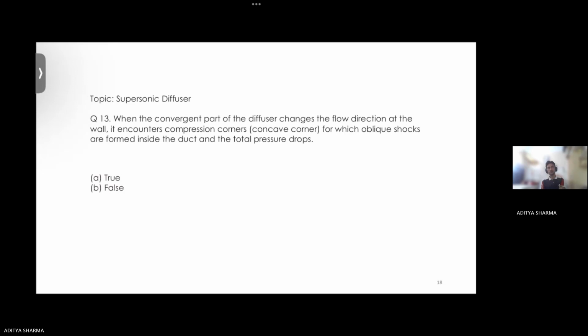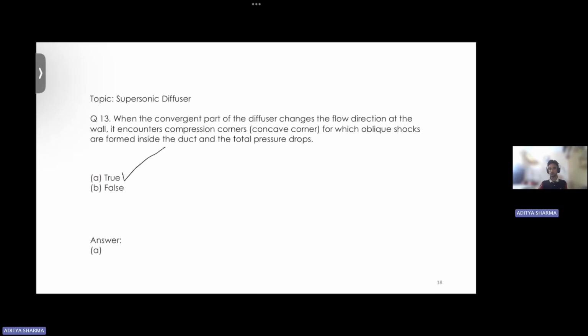That is why we have first oblique shocks and then later terminate this whole process of slowing down the flow by means of a very weak normal shock, right? So this statement is correct.